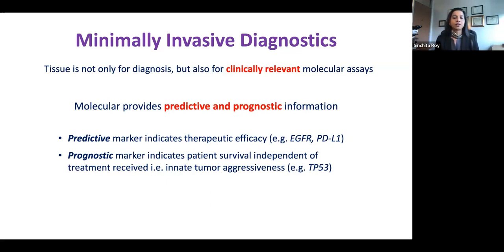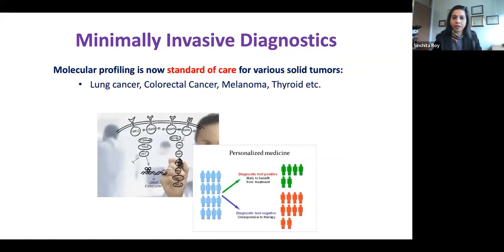Prognostic markers, on the other hand, are independent of the treatment the patient receives. So it's the innate aggressiveness of the tumor. So something like TP53, which is a worse prognostic marker. So you use that in a way that's independent of whatever treatment that patient receives.